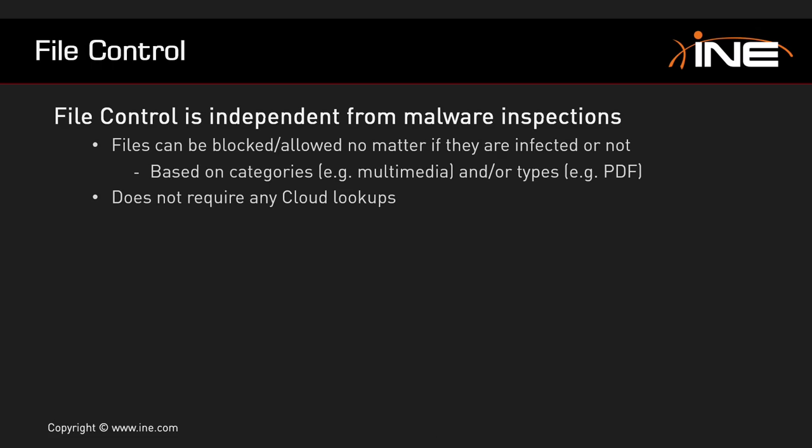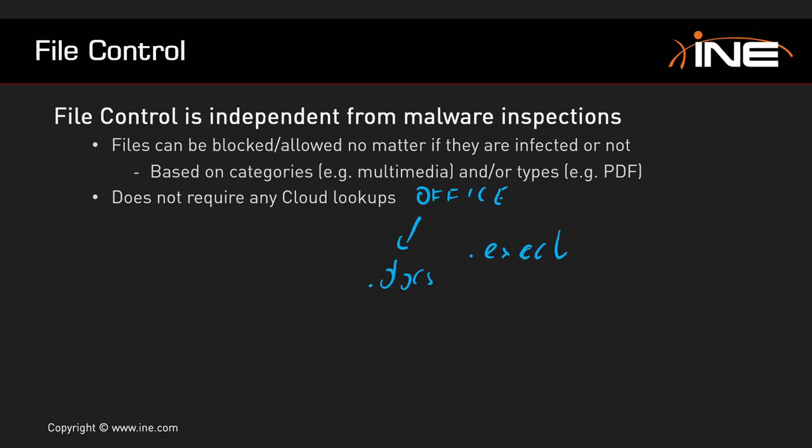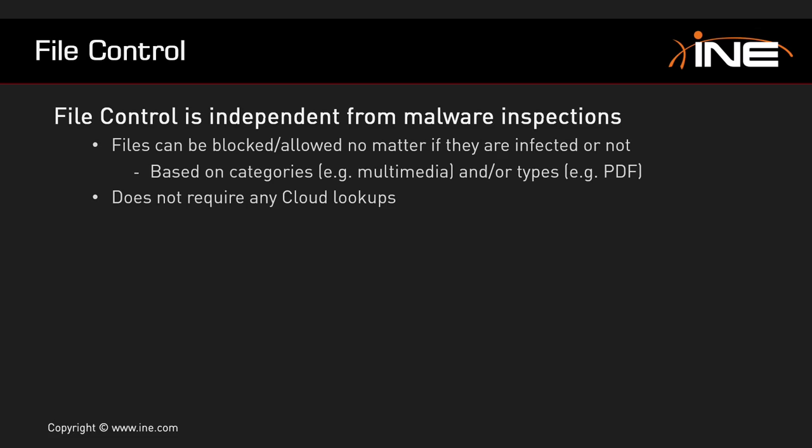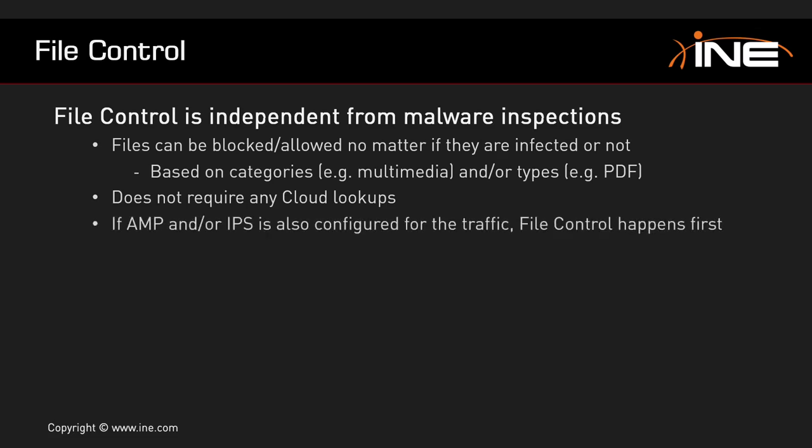So you can go for a category like maybe Office documents, and this is going to include several different types of files, like, for example, docs or maybe Excel files. So I can go for a category or I can go for individual file types. Similar concept to what we saw with URL filtering, categories versus individual websites. No cloud lookups in this case.